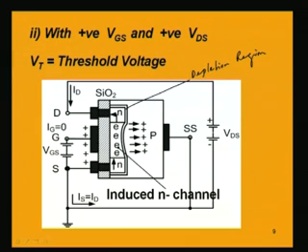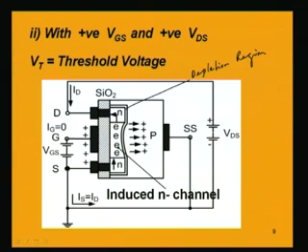So, in between the two n-type semiconductors, which are the drain and the source, we now have an induced N channel because of the presence of the electrons which are attracted by the positive gate voltage, which are the minority carriers of the p-type substrate.